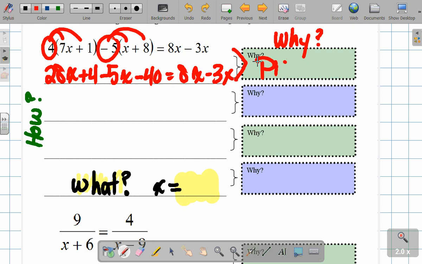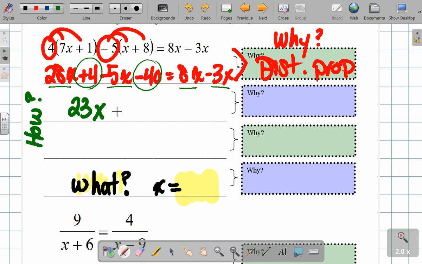Distributive property. Ready? Now, next line. You're going to underline your x's, circle your numbers. I'd like you to hunt down what is the mathematical reason that is acceptable. Don't say it out loud.